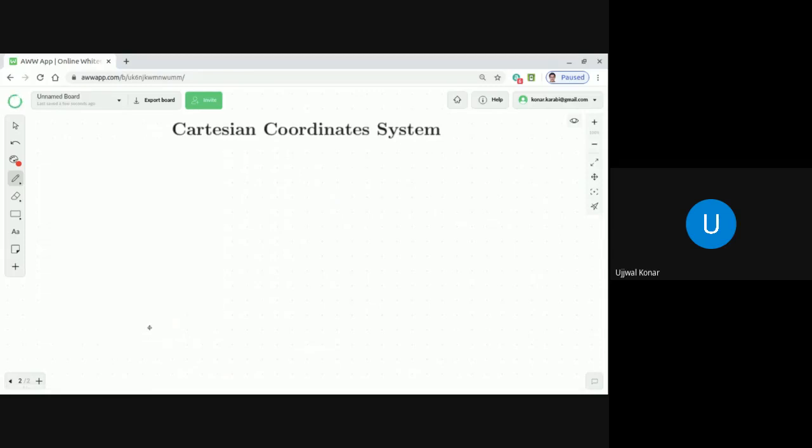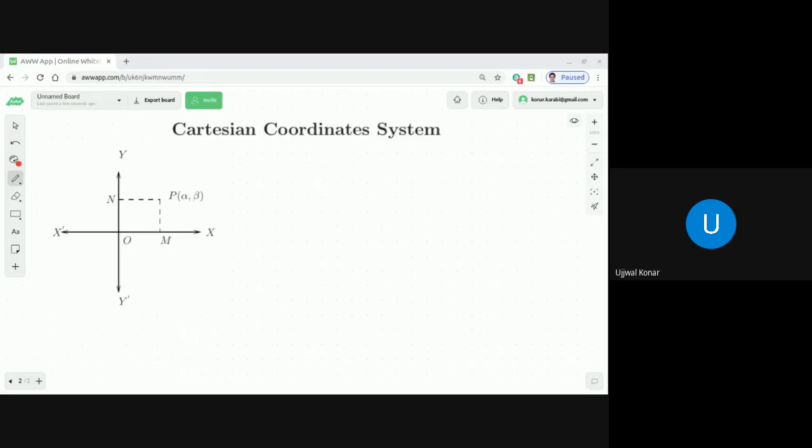So as you see, dear students, in the Cartesian coordinate system, let OX and OY be two fixed straight lines perpendicular to each other in the plane of this whiteboard, what you see. The line OX is called the x-axis and the line OY is called the y-axis. And the two lines together are called the axes of coordinates. Now let P be any point in the plane of this whiteboard.